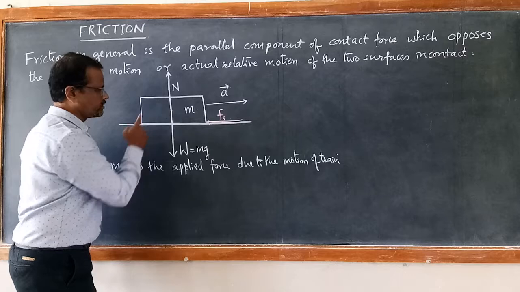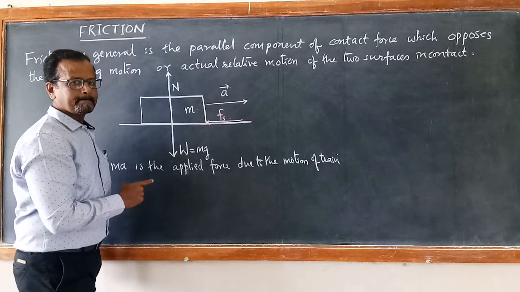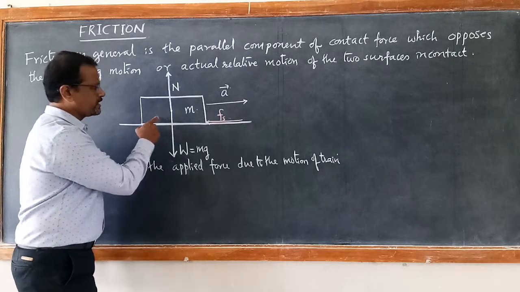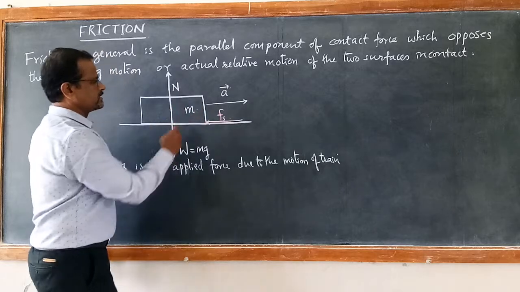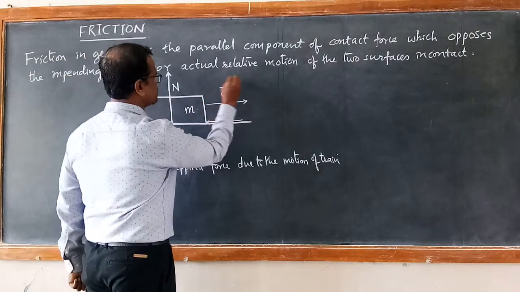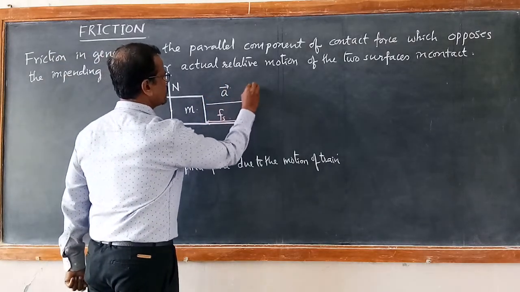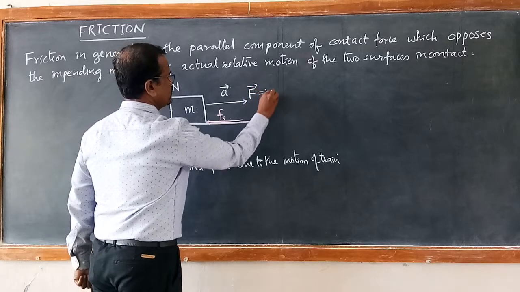So the force acting on the box would be ma. This ma would be in this direction. If this is the applied force in this direction, F is equal to ma.